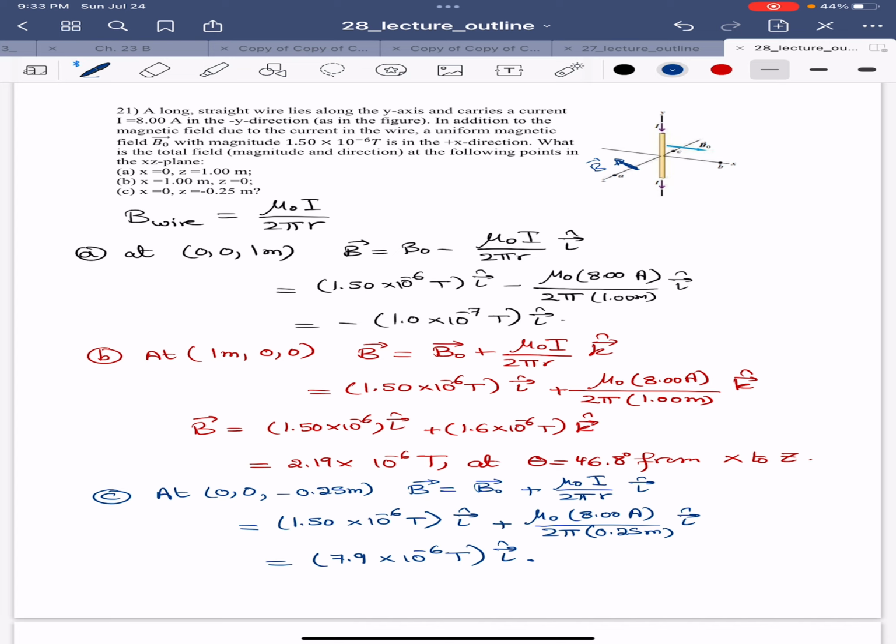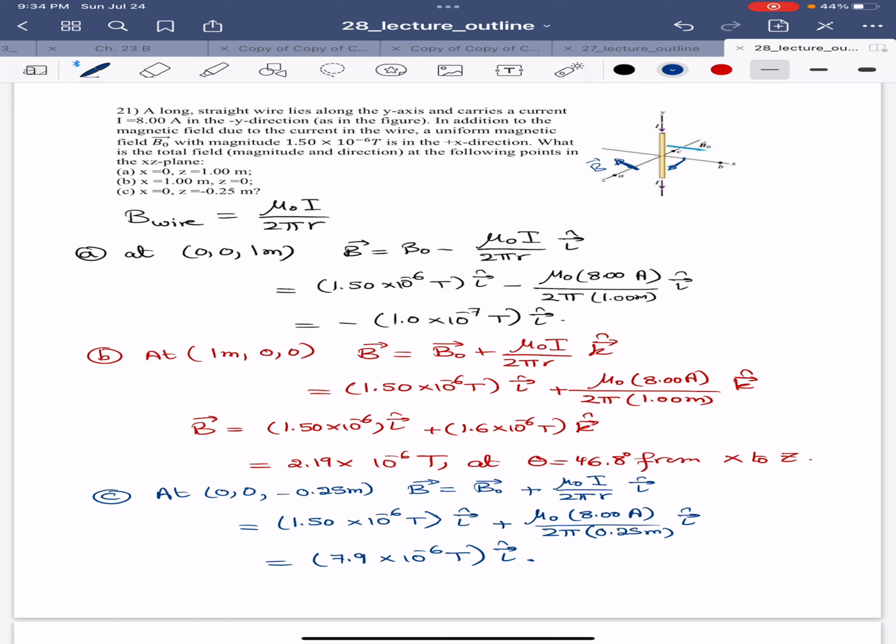Now at 1 meter, 0, 0, now the x is 1 meter. Then I am here. And then the field is going to be this way. And then I will have B0 plus μ0 I k, because now it's pointing along the positive z axis.